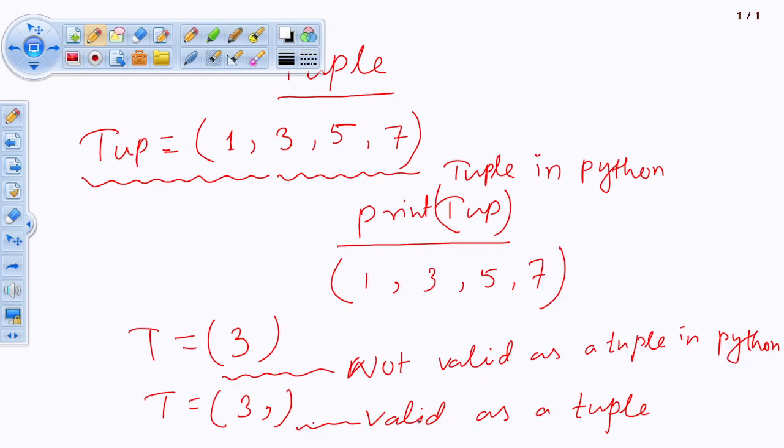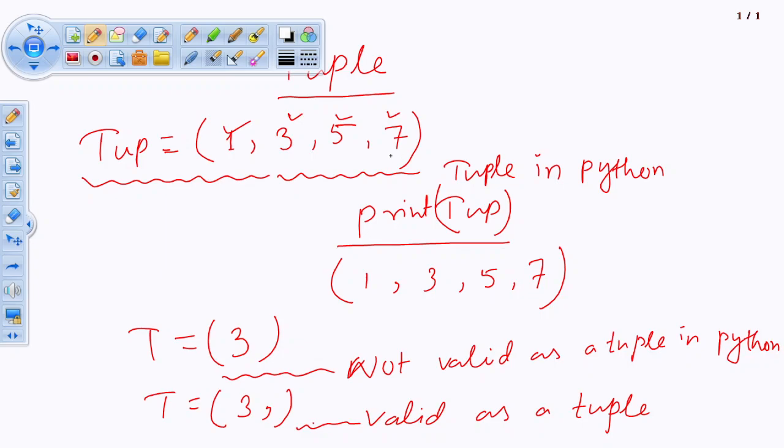Now we are going to see how to use each and every element of the tuple. Like here 1 is an element, 3 is an element, 5 and 7 are the elements of the tuple tup.